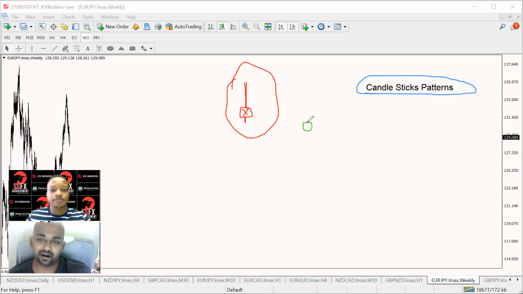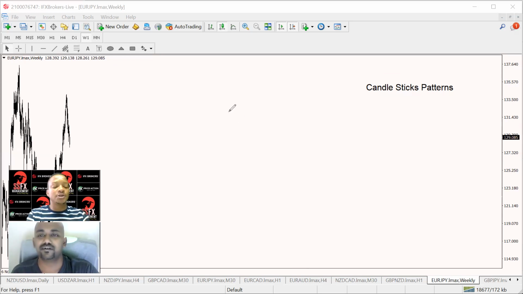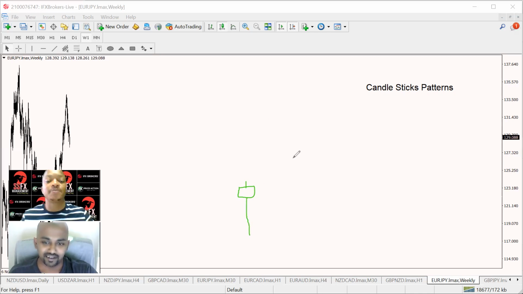This one will be a bullish pin bar. This one will be a bearish pin bar. So we should know the meaning of the pin bar. Let's say this is, I'll just draw it roughly, I'm not good with this. As long as you understand it. This is a bullish pin bar.